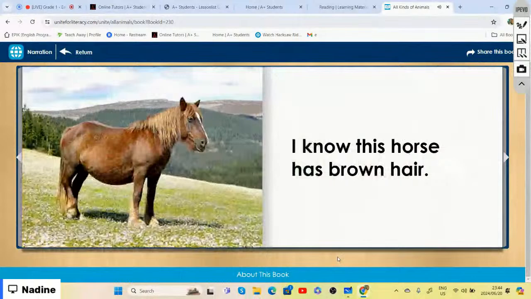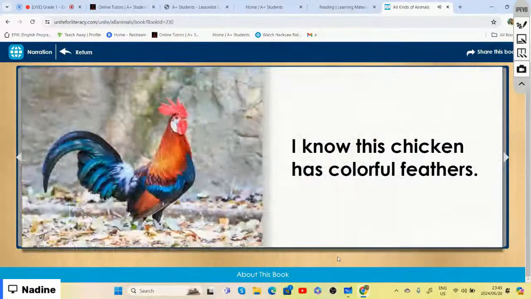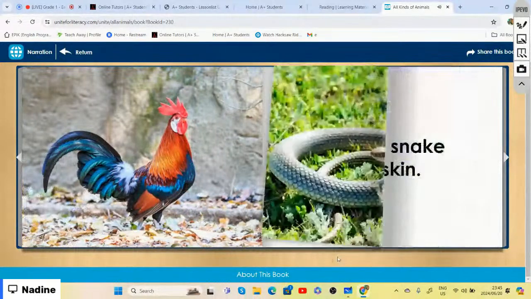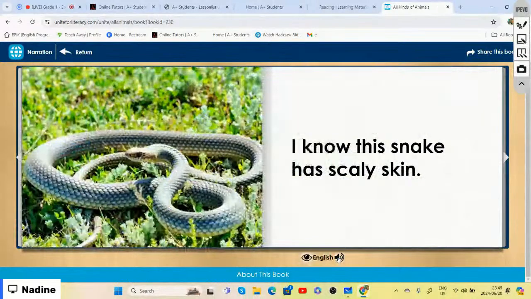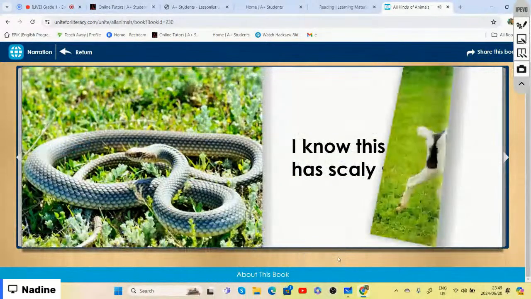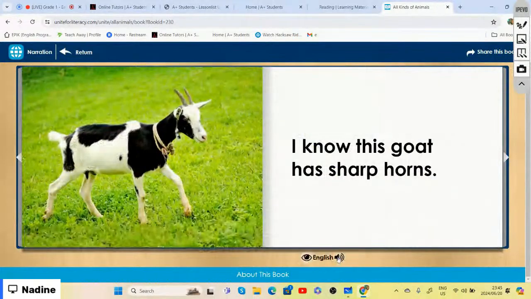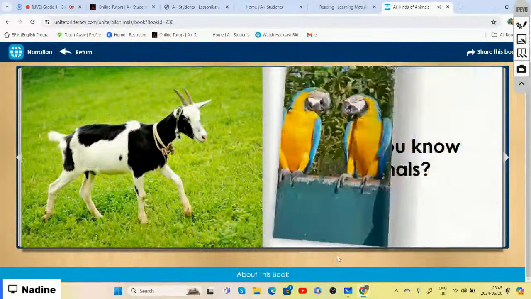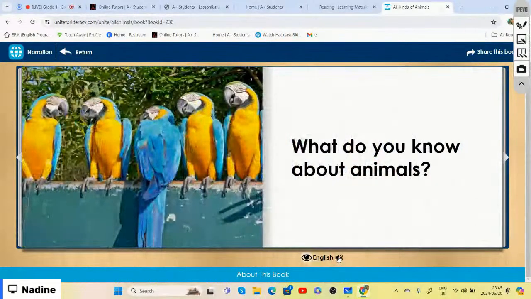I know this horse has brown hair. I know this chicken has colorful feathers. I know this snake has scaly skin. I know this goat has sharp horns. What do you know about animals?